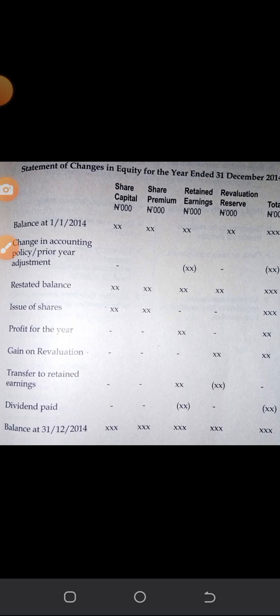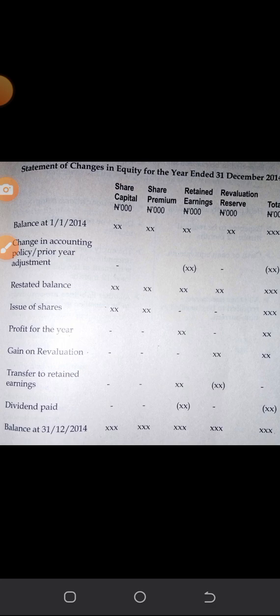You understand me? Or when you discover a material error, once you make adjustment to the retained earnings, you bring it here and adjust it from the retained earnings. And after you have made the adjustment, you have what we call the restated balance.